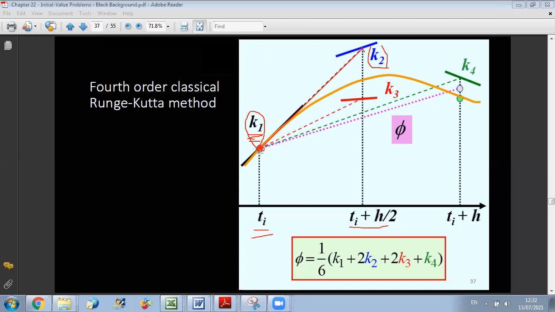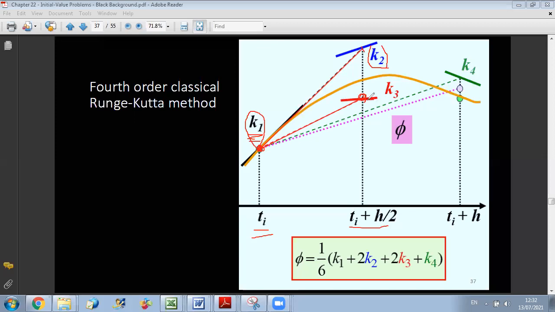So instead of going directly to ti plus h, I will stop again at ti plus h over 2, and the slope of this line will be equal to k2. I will then evaluate the corrected value of y at ti plus h over 2. Once I correct y, I can find an updated slope, k3.